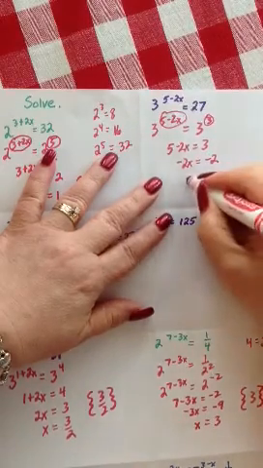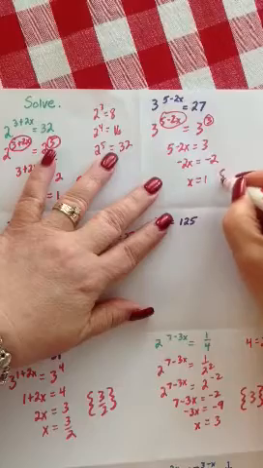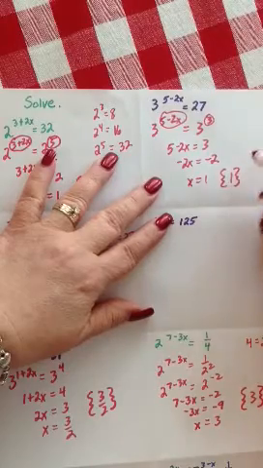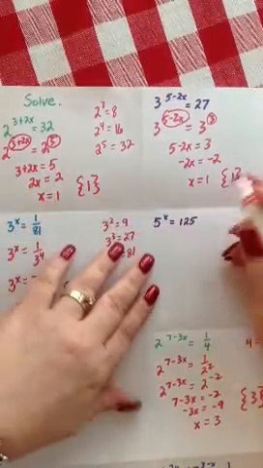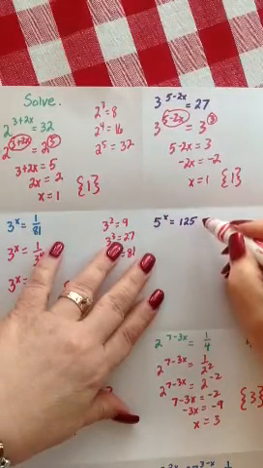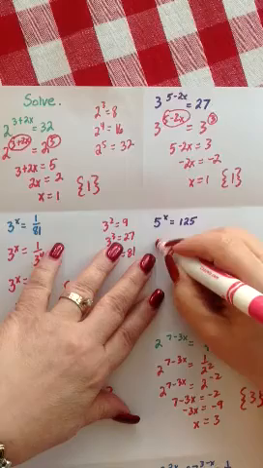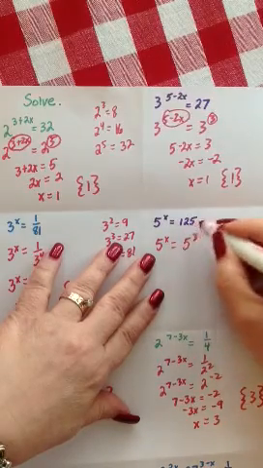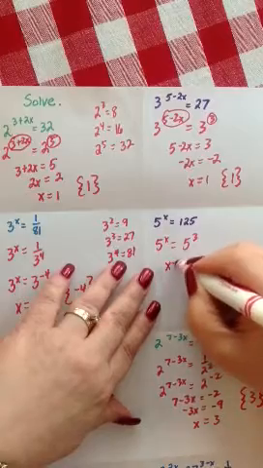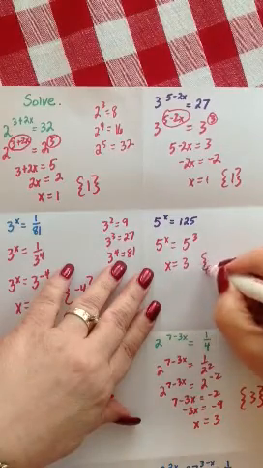Divide both sides by negative 2, so x is 1. All right. Next we have 5 to the x is equal to 125. So you could say 5 to the x is equal to 5 cubed, because 125 is 5 cubed, so x is 3.